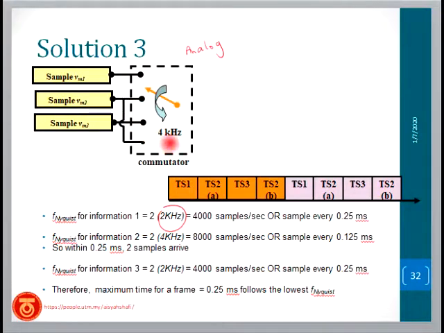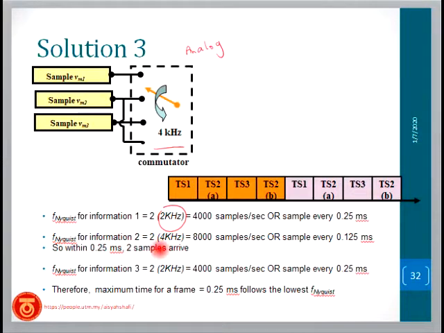Okay, to get this frequency, we need to calculate the sampling frequency for each channel first. Each channel has a different maximum frequency. So for the first signal, the sampling frequency is 2 times 200 hertz, that is 400 samples per second.